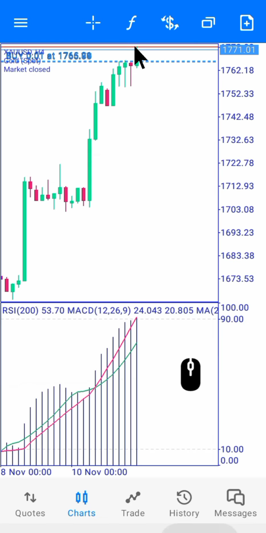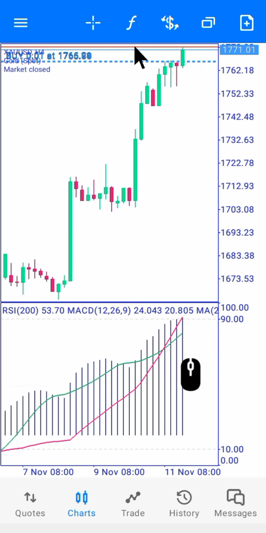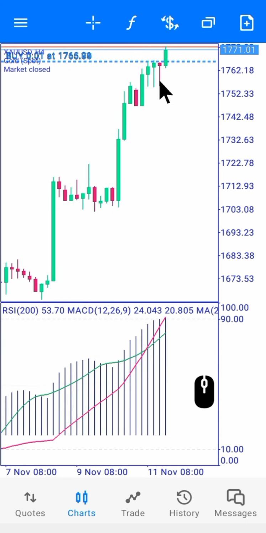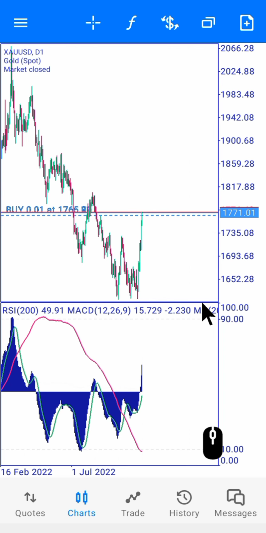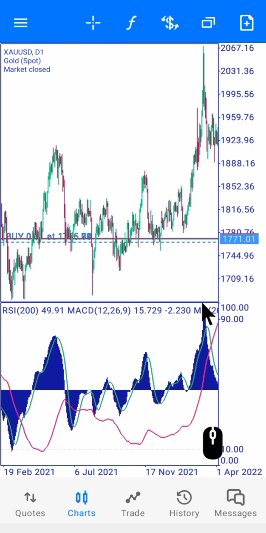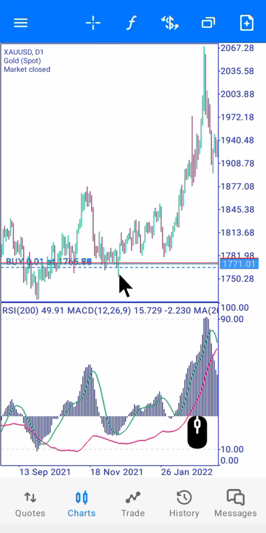Sometimes it can happen that you find the market starting with selling because it has touched 90. But most of the time, when we change to the daily candle, you are going to see in the history that the market is on what we call a support level.